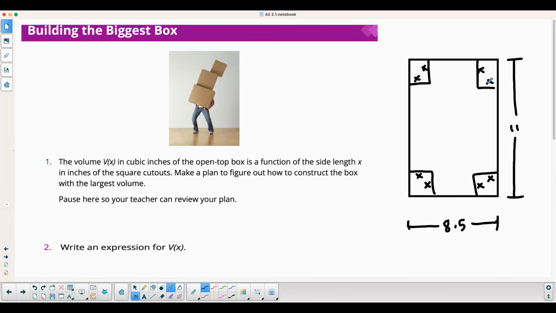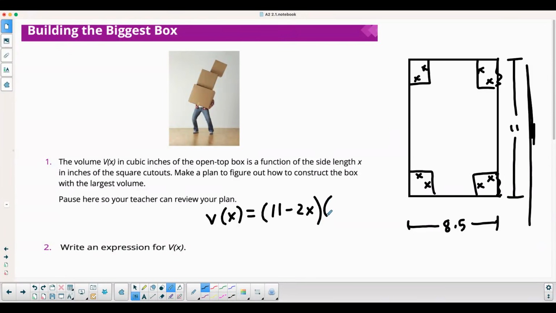And what happens is the volume, when you make your box, the side that's 11 over here is going to be 11 minus 2x, because you cut these x's off and got rid of them. The bottom side is going to be 8.5, but then you're minusing 2x because you get rid of 2 of them. And then the flap you fold up is always going to be x.